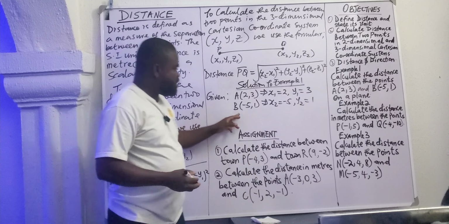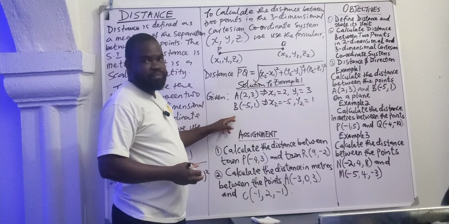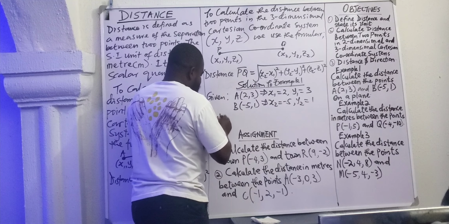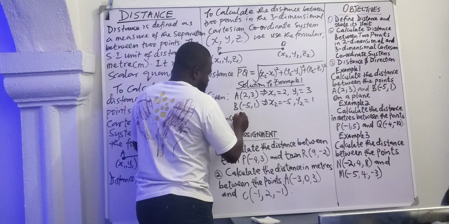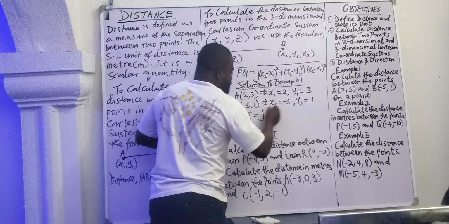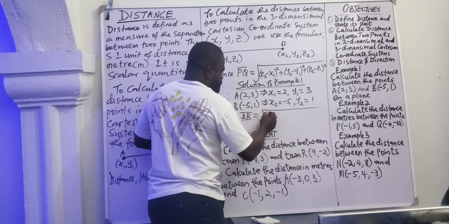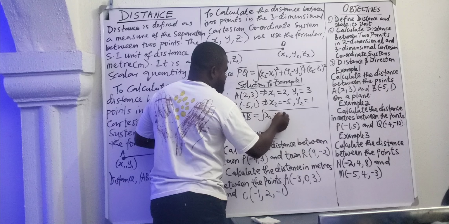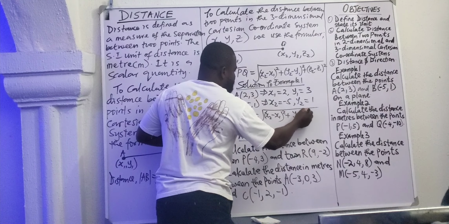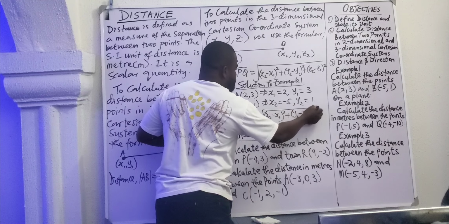So for us to get the distance between A and B, we are going to use the formula that the distance of line AB is equal to the square root of (x2 minus x1) all squared plus (y2 minus y1) all squared.